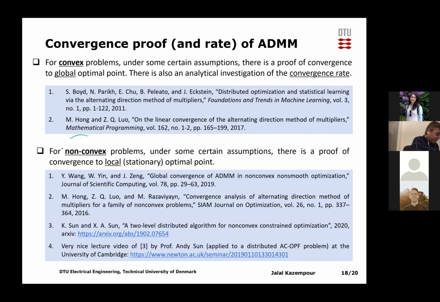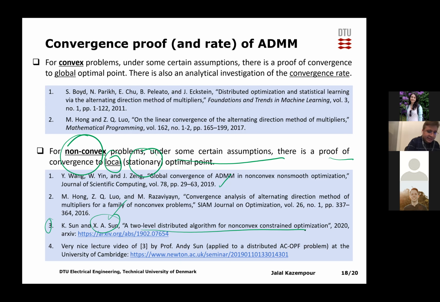Then for non-convex problems, of course, we don't have a proof of convergence to the global optimal point. But again under some assumptions, we have a proof of convergence to a local or stationary point. There are very nice papers from Wang et al. and Hong et al. But I liked very much the paper from the group of Professor Andy Sun from Georgia Tech.